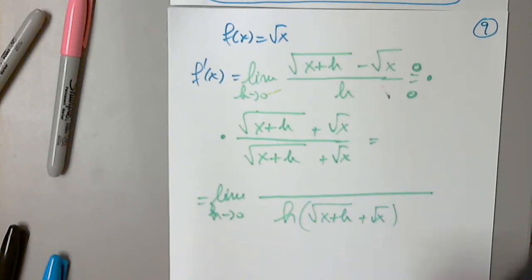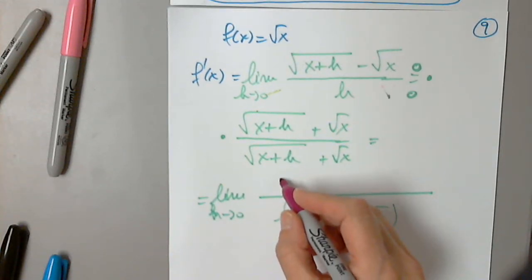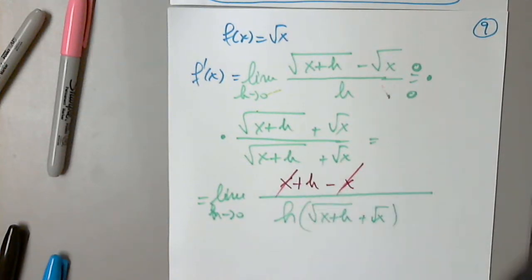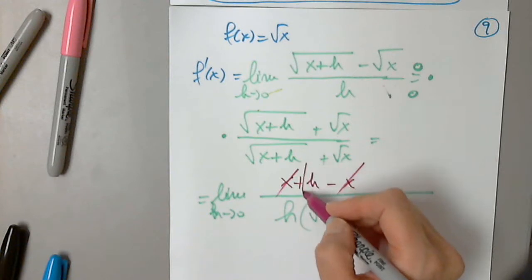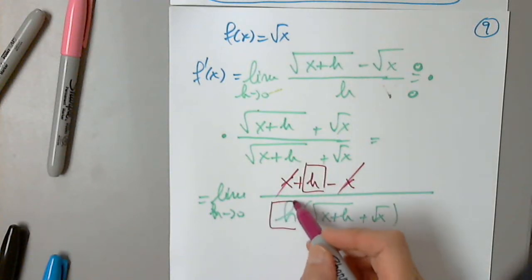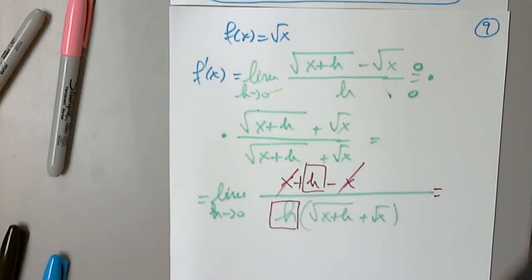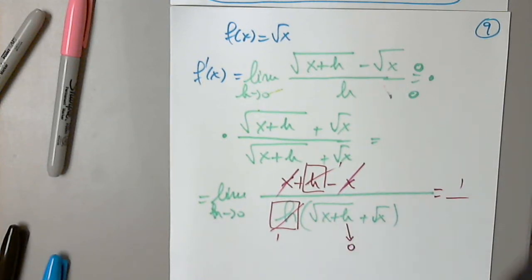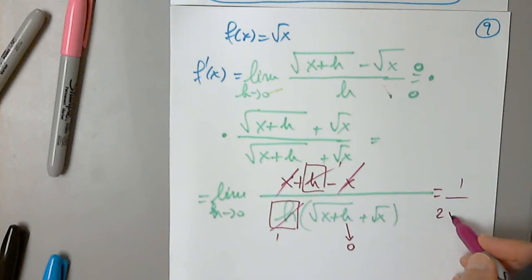The answer at the top is? Good. I don't like to do this, but assuming we are simplifying these two, what is left? Where does the numerator go? 1 and the denominator? So 1 over 2 square root of x.